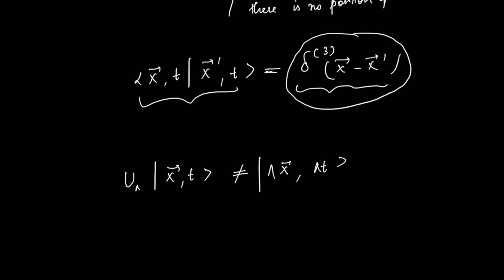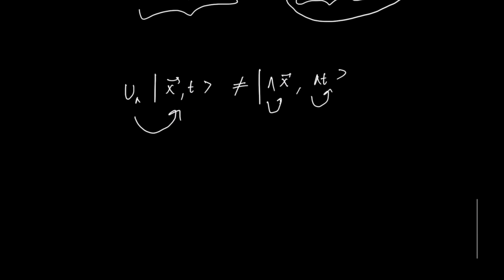The Lorentz transformation acting on x and t is not the same as the Lorentz transformation acting on x and the Lorentz transformation acting on t, right? This is not equal. So I need an eigenstate vector in quantum field theory, but that is not possible.